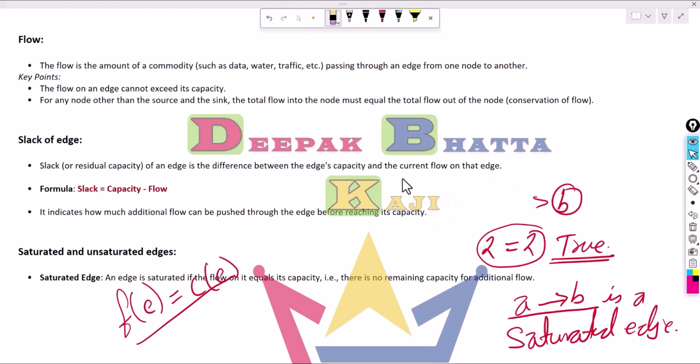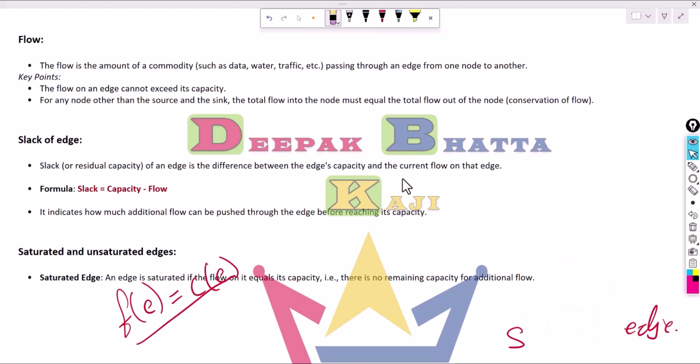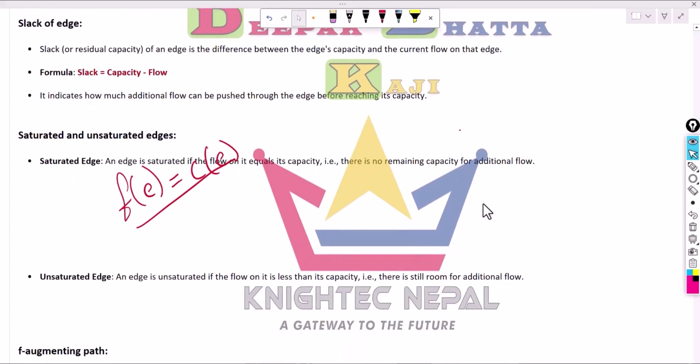So we also have the formula for a saturated edge: flow of edge equals capacity of edge. So remember this formula, flow of edge equals capacity of edge. You also need to write it here. Let me write clearly.